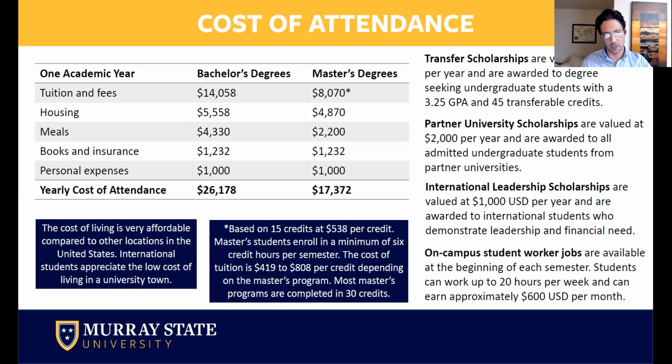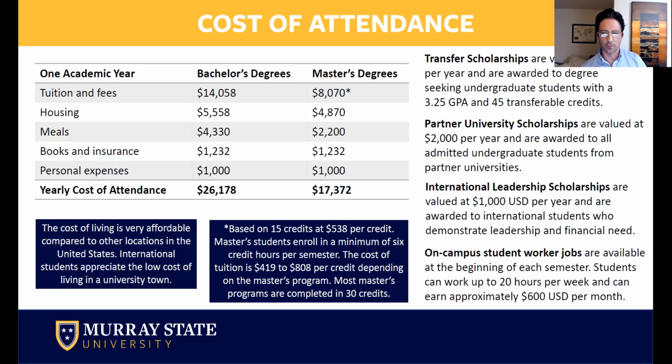Once a student applies and is admitted to Murray State, we encourage all of our international students to submit what we call the general scholarship application. Students will get access to their student account once they're admitted, and then they can log in and submit the general scholarship application. So definitely encourage all your students to apply for the scholarships, because we have a good number of them available, and they're specifically for international students.